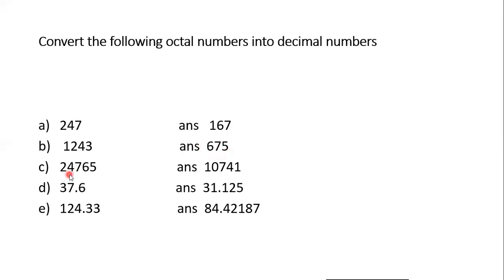Like that, 24,765 octal, we get the decimal value 10,741. So 37.6 in octal is 31.125 in decimal. So 124.33 in octal is 84.42187 in decimal. So you solve this one, you convert this one and compare the result.